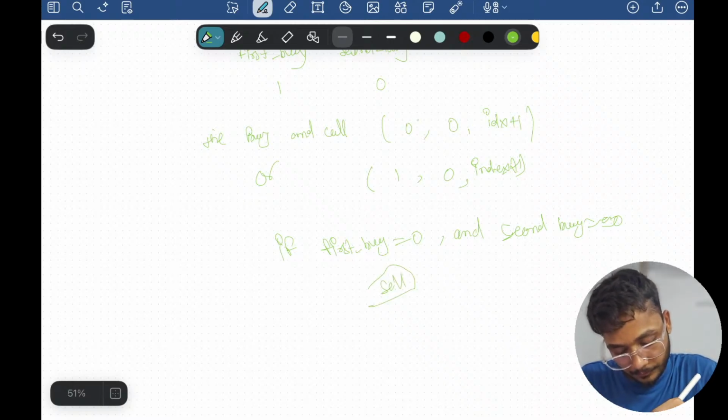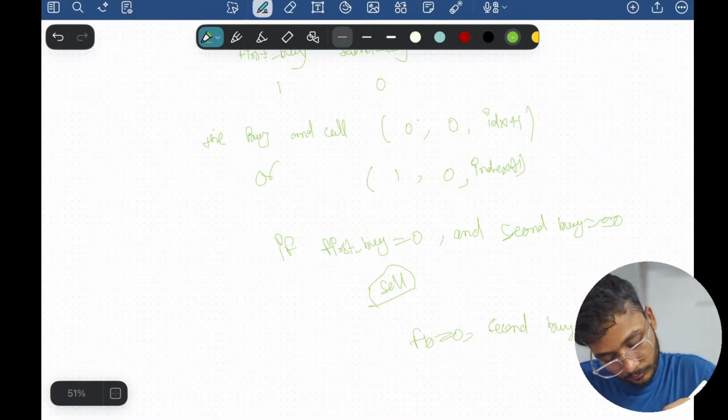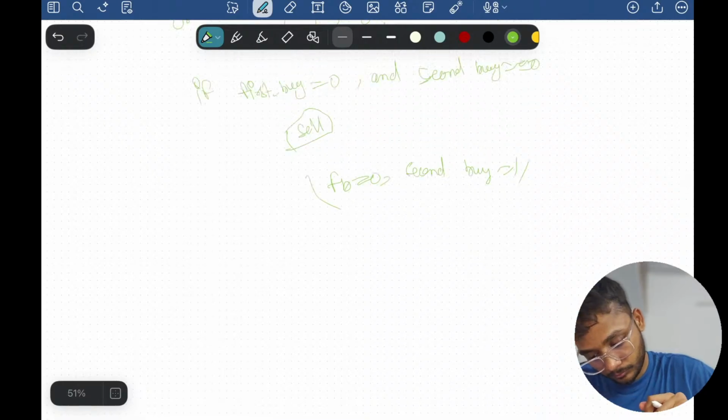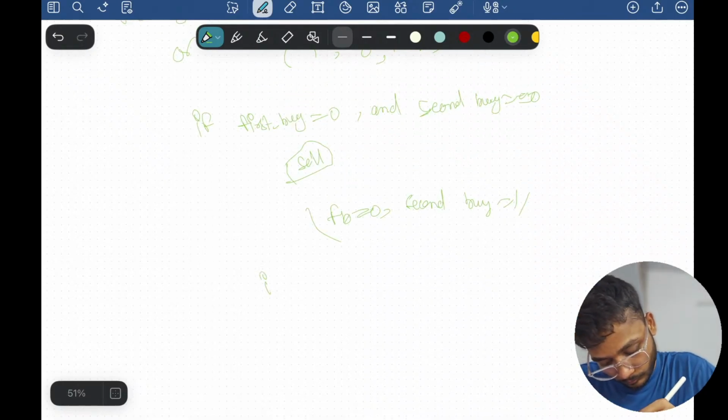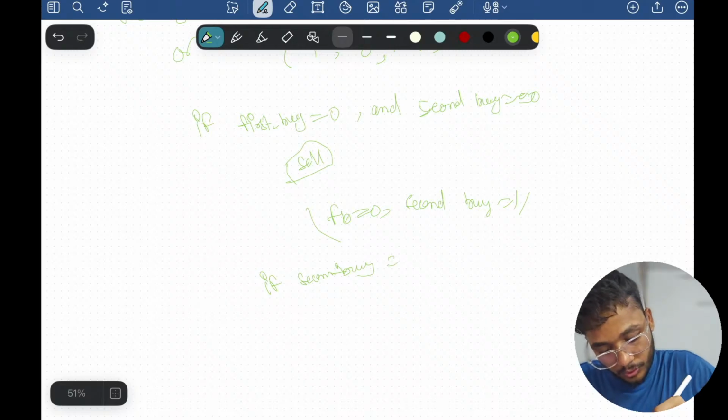Sell, and after that you will say second buy equals 1. Second buy equals 0 becoming 1, that means you can sell.